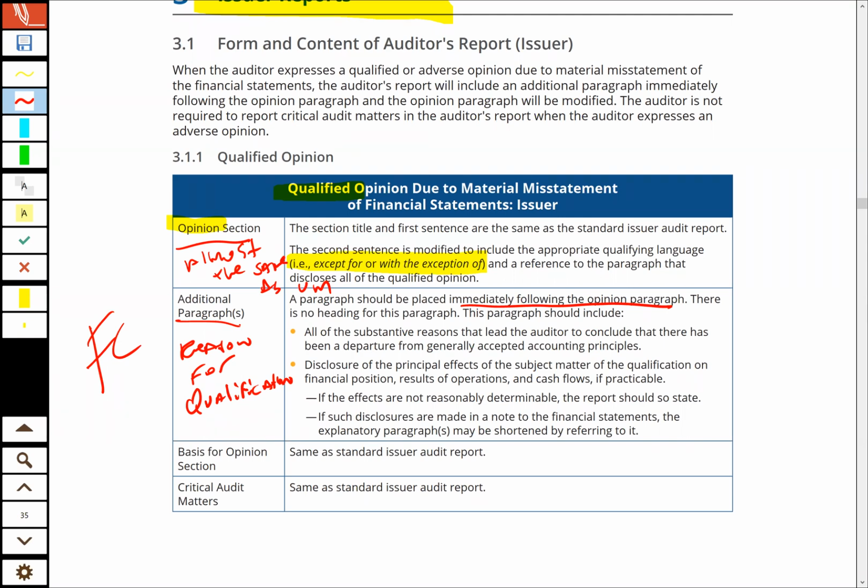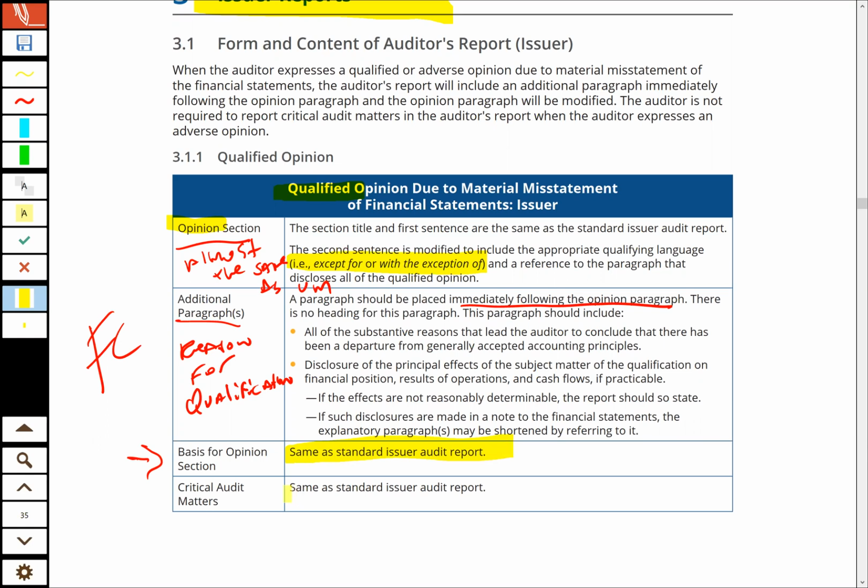It's kind of like the basis for the qualification. Then you're going to give the basis for the opinion, which again is going to talk about the auditor's responsibility. That's the same as the standard report.